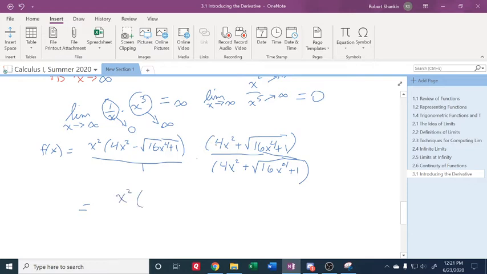When I multiply these two things, I'm going to get 16x to the fourth. The two middle terms will cancel each other out. The last term will be this square root times this square root, and the square roots will disappear.